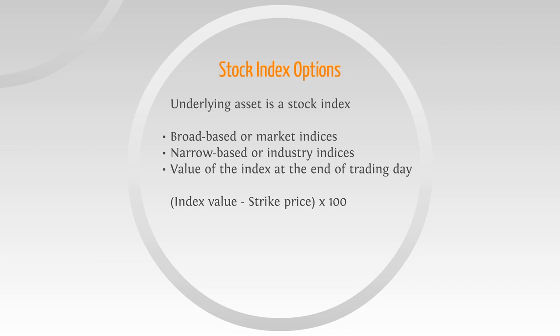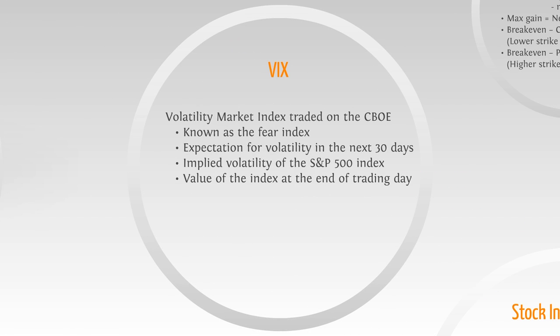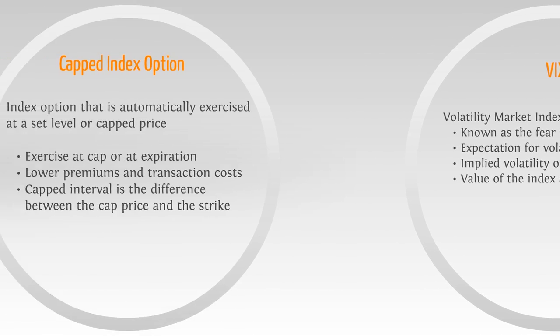And our value is determined by the index value minus the strike price times the 100 shares that are typical for options contracts. There's also something called the VIX, or typically known as the fear index. This is looking at the volatility that's going on in the S&P 500. This is traded on the Chicago Board Options Exchange, and it's looking at volatility for the next 30 days. And again, this is valued at the index value at the end of the trading day.